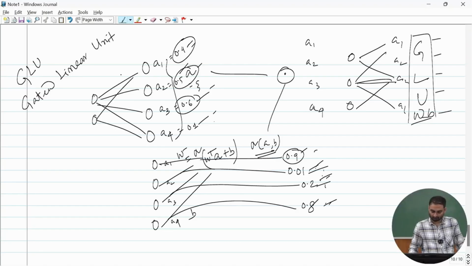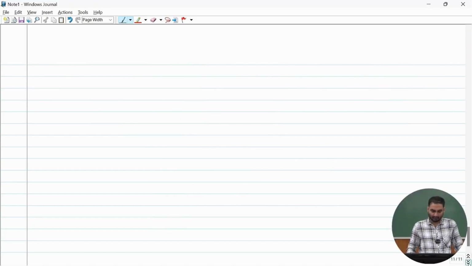Okay, so the next activation function is called Swish activation function. There are tons of activation functions which are publicly available, and people are still proposing new activation functions every day. Swish activation is very interesting.